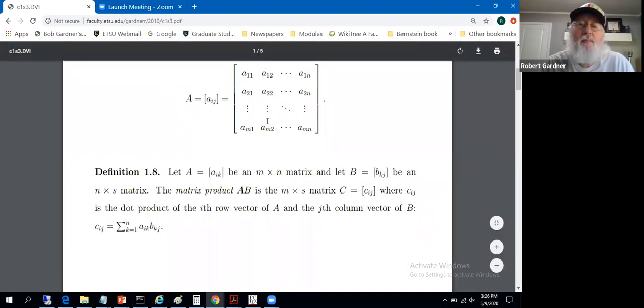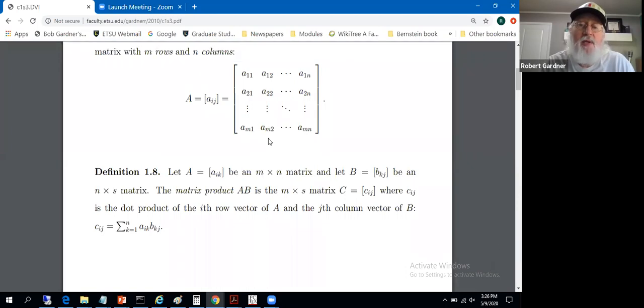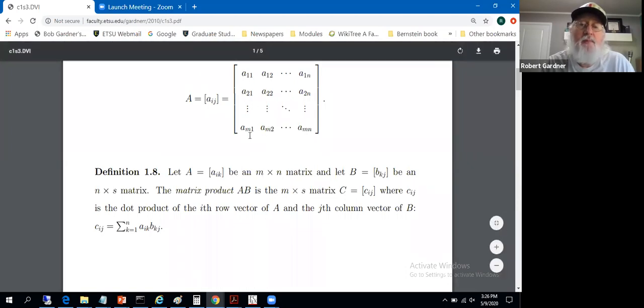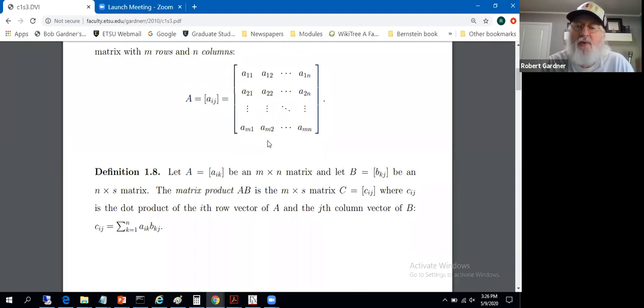The number of components in a column vector of a matrix is the number of rows of the matrix. I'm bouncing around between rows and columns. How many rows does matrix B have? n. Okay, so the column vectors of B have n entries and the row vectors of A have n entries.